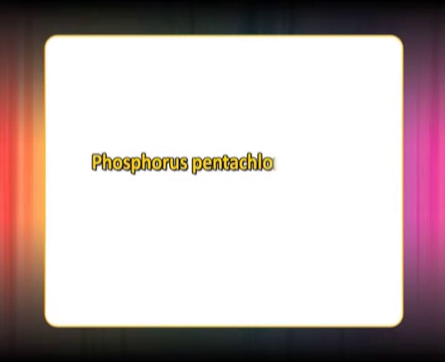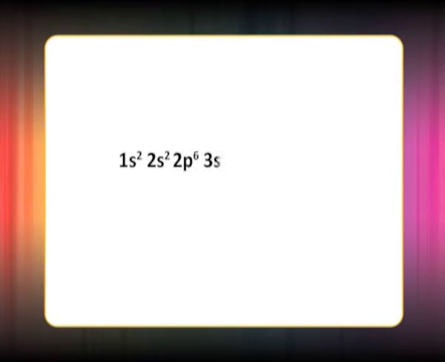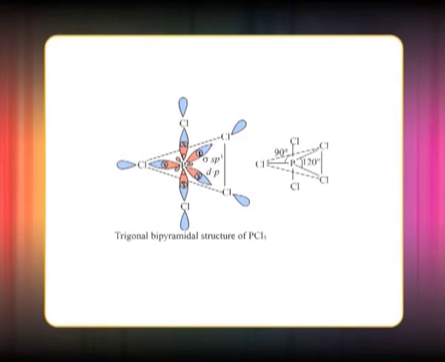The best example that can be taken for this type of hybridization is that of phosphorus pentachloride, PCl5. The ground state electronic configuration of phosphorus atom is 1s2, 2s2, 2p6, 3s2, 3px1, 3py1 and 3pz1. The formation of phosphorus pentachloride molecule requires 5 unpaired electrons.